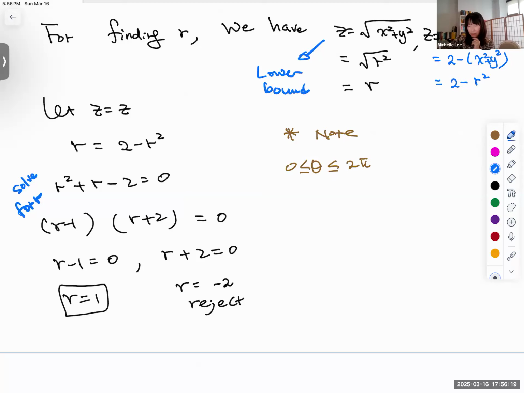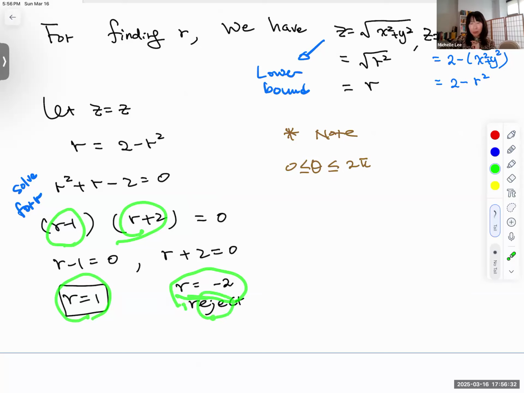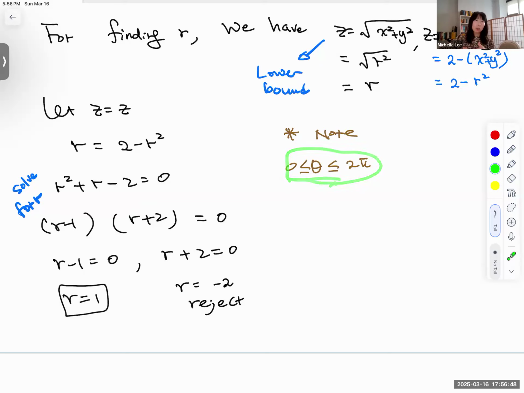We can factor out r minus 1 and r plus 1, so r equals 1. The other solution is r equal to -2, but we reject it because r is the hypotenuse, in other words just a radius, a length. And then the angle theta is simply 0 to 2 pi.